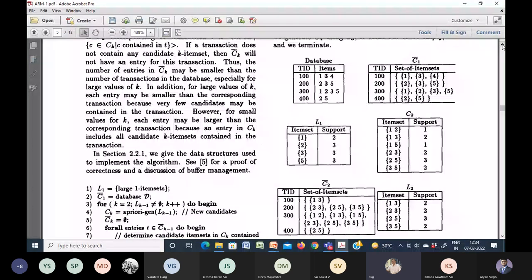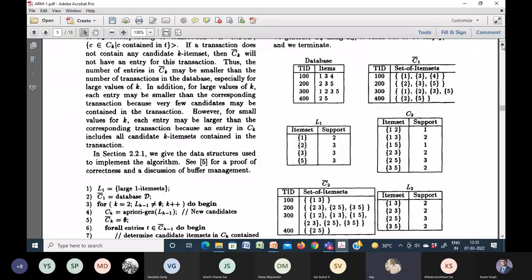So if I am working with the 2 item sets and trying to find an association rule, that means what is the confidence of item 2 implies item 3. I can do those things with the help of this. These are my frequent, my large item sets, that means those which satisfy the minimum support criteria.